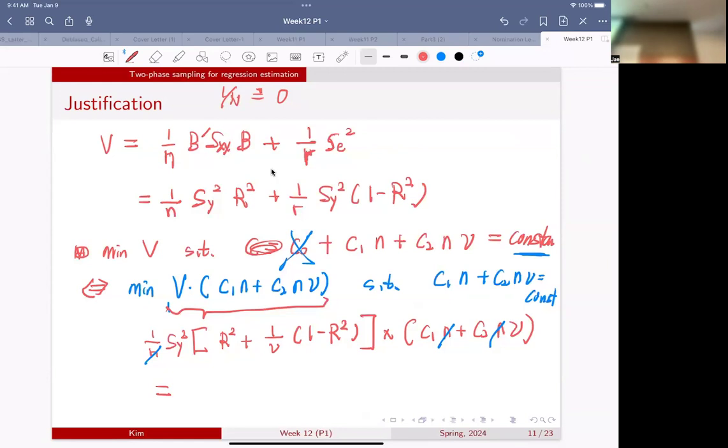So this part is linear in nu, and this part is linear in 1 over nu. So that means you can further simplify to something like S_y squared times (1 over r square) divided by nu plus C1, and then C2 S_y squared r square nu.